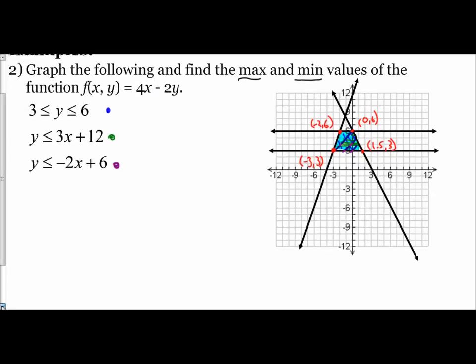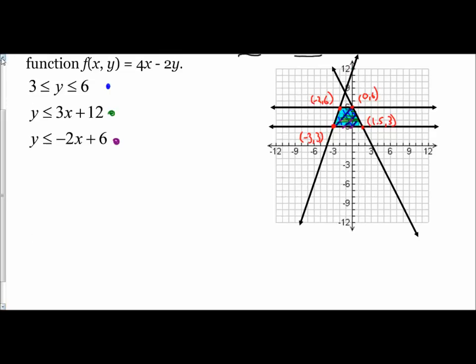Now remember, we use these vertices inside our function. If you see the function of xy, this xy looks like a coordinate. It's inside parentheses, it has the comma, which means you plug in your coordinates, your x value and your y value, and determine the value of the function.